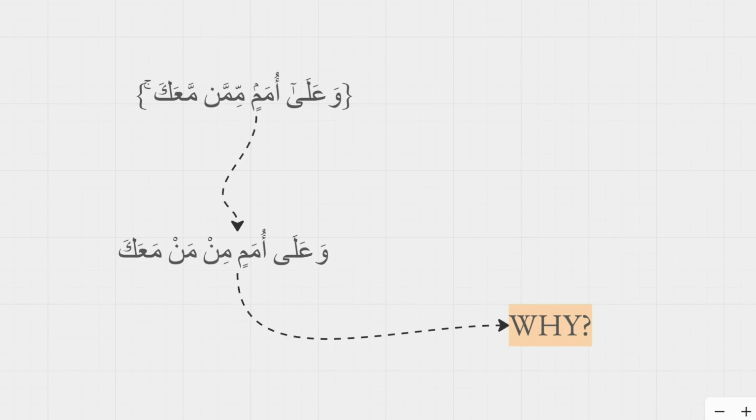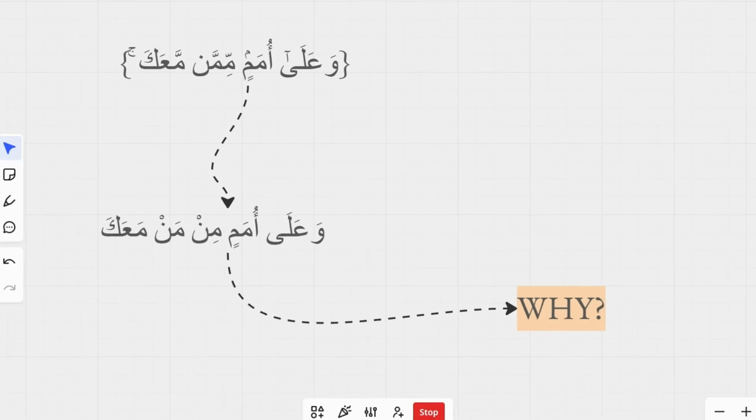If we try to look at this part specifically from a linguistic point of view, and try to bring it back to the original form in Arabic, let's do a word for word comparison, shall we? وعلى remains the same. أمم, أمم, it's the same.